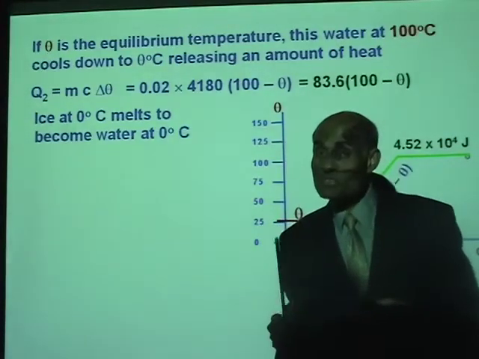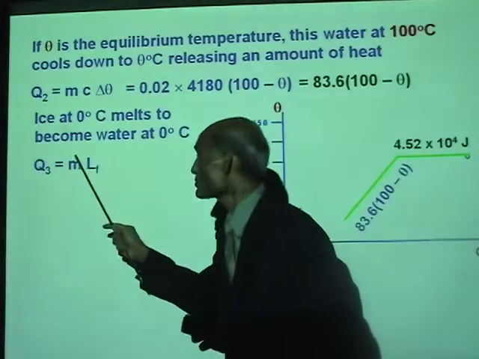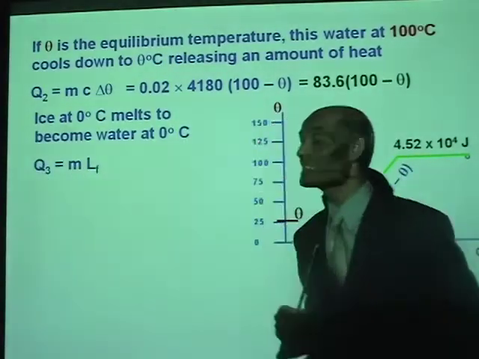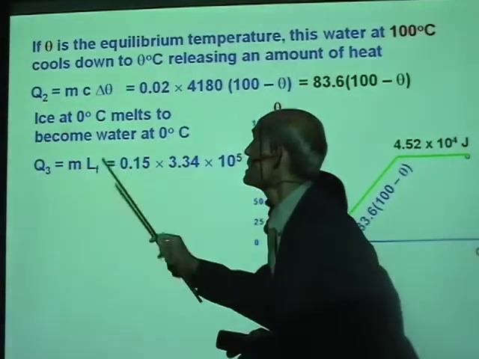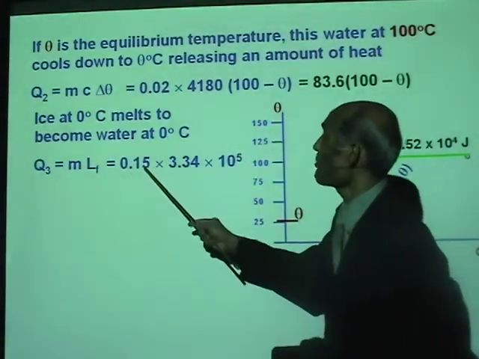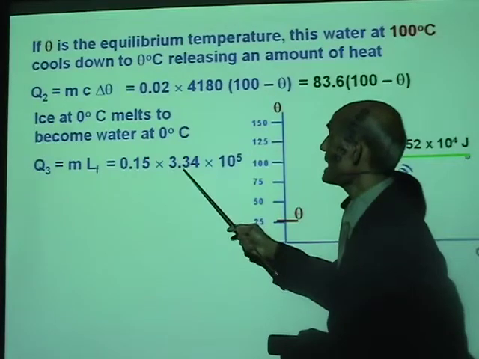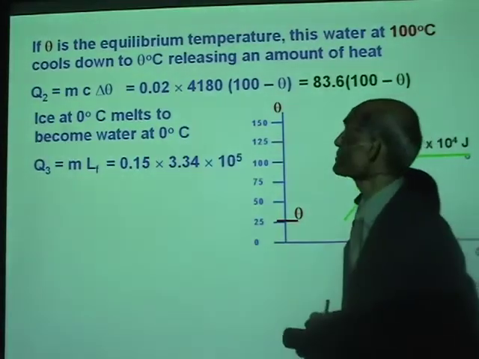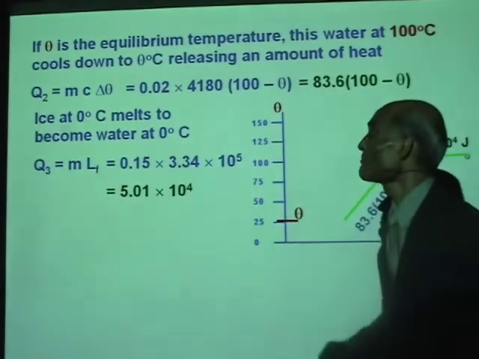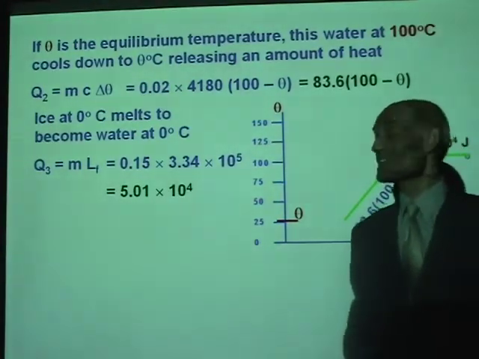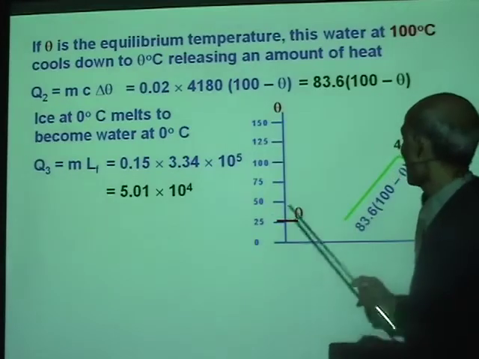There's no change in temperature, it's the latent heat. Q3 is mass times latent heat of fusion. And the mass of ice is 150 gram, 0.15 kilogram. Latent heat of fusion is 3.34 times 10 to the 5. And that is 5.01 times 10 to the 4 joules.